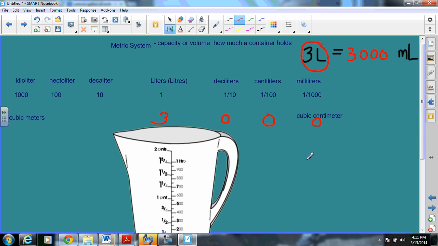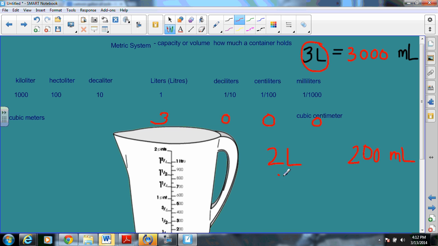So if I was comparing and I wanted to say, which will fit here? Is it 2 liters or is it 200 milliliters? Even though there are more milliliters, you can make both equal.